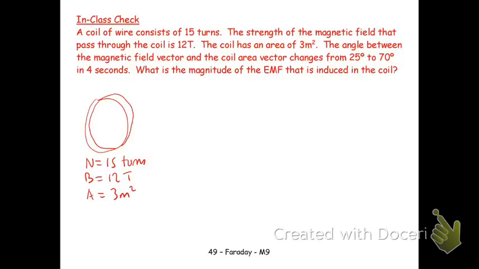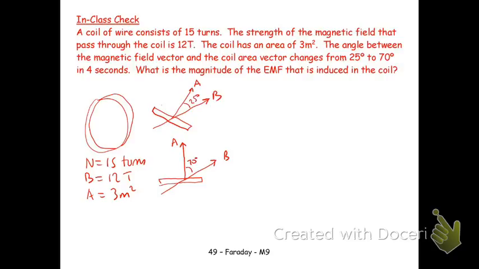The angle between the magnetic field vector and the area vector changes. So let's do it like this. And that's 25 degrees, and that's 70 degrees.